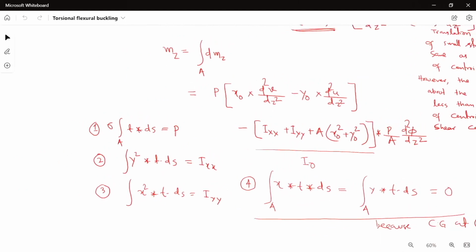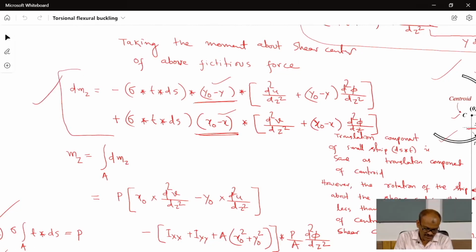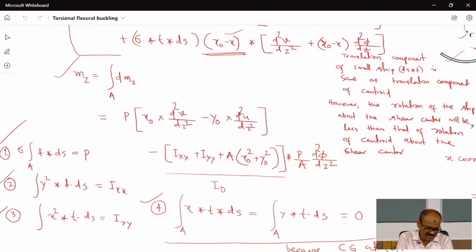And if you substitute these four conditions in this expression, then we get the expression of mz. This expression of mz is the torque per unit length in the governing differential equation for non-uniform torsion. We had derived the governing differential equation for torsion which includes both uniform torsion as well as non-uniform torsion.